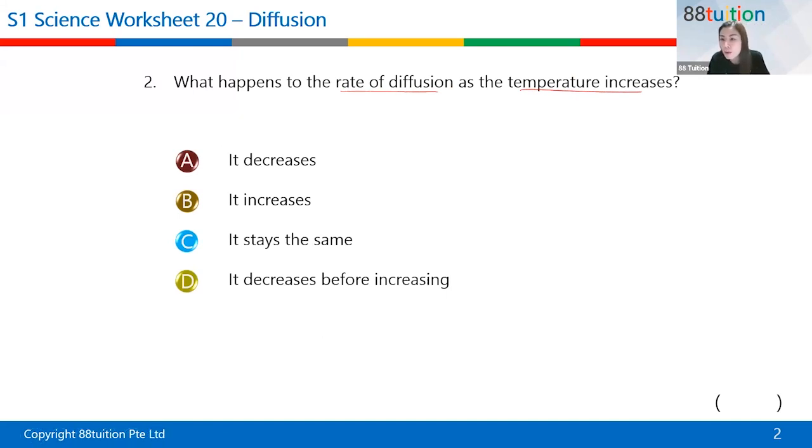When temperature increases, that means there will be more heat energy, right? So heat energy is given to the particles. What happens to the particles? Particles will move faster, isn't it? So when particles move faster, it also means the rate of diffusion will increase.